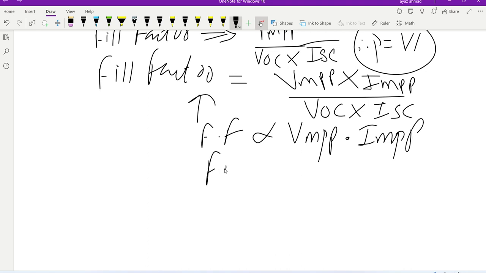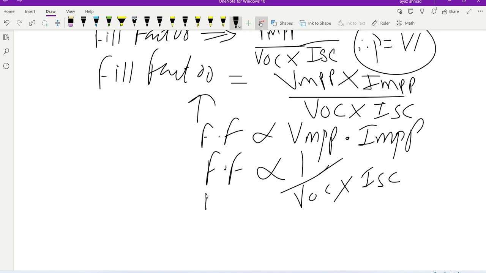Fill factor is inversely proportional to open circuit voltage multiplied by short circuit current. If fill factor increases, then open circuit voltage will decrease, because they are inversely proportional to each other. So you should analyze this.